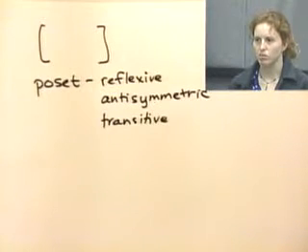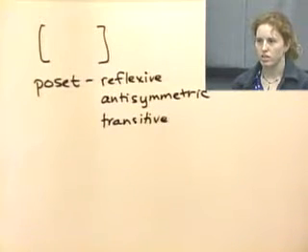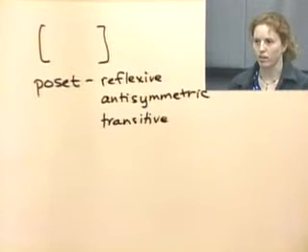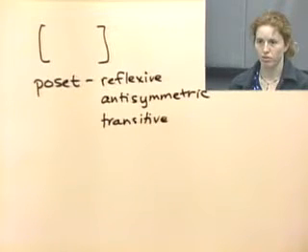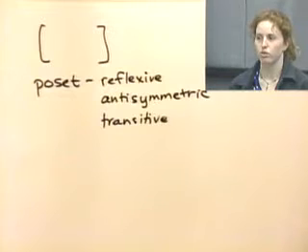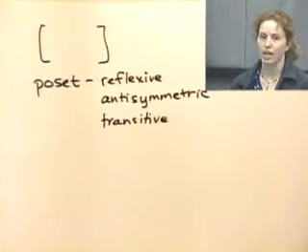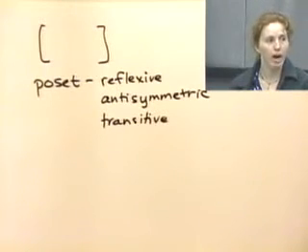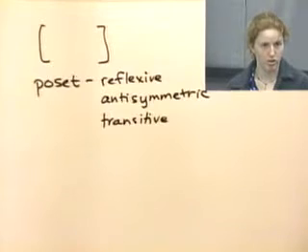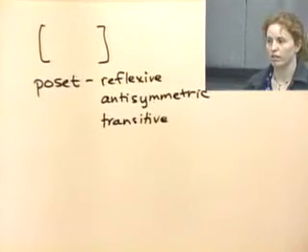That's all the anti-symmetric means. So that if I have an arrow going one way, it can't go the other way in my graph. If you look at a graph of a relation, arrows only go in one direction. I don't have to have arrows going between every pair, but they're only allowed to go one way.